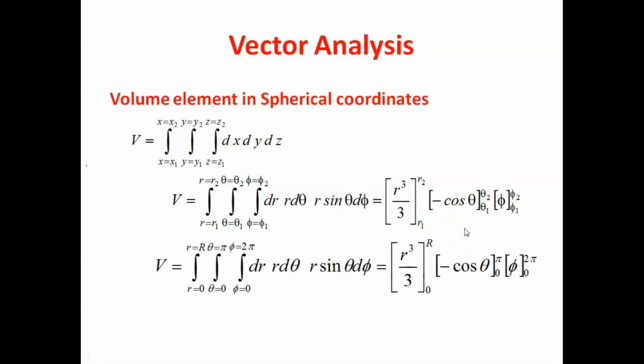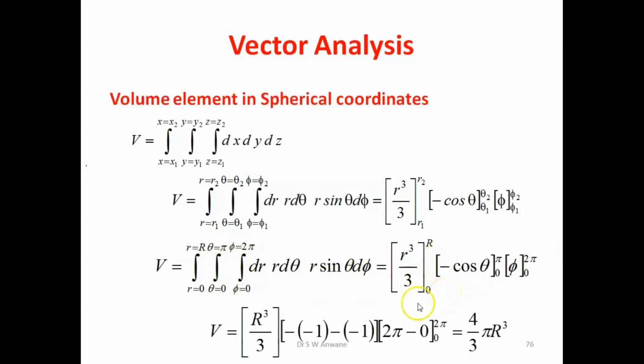So substituting upper limit minus lower limit, we can obtain the requisite volume enclosed. And if we consider the volume of a complete sphere, then the inner sphere we shall set to r equal to 0, the outer sphere we shall consider r equal to capital R. Theta can go from 0 to pi, as I have said, and phi can go from 0 to 2 pi, and if you work out this integration and substitute limits, you can obtain the quantity 4 by 3 pi r cubed.